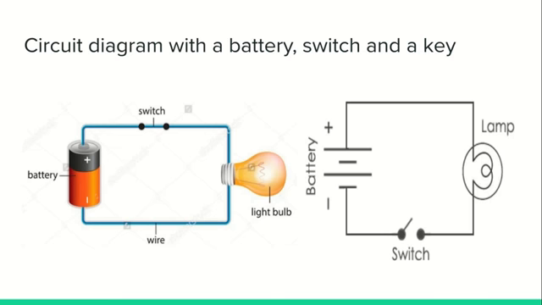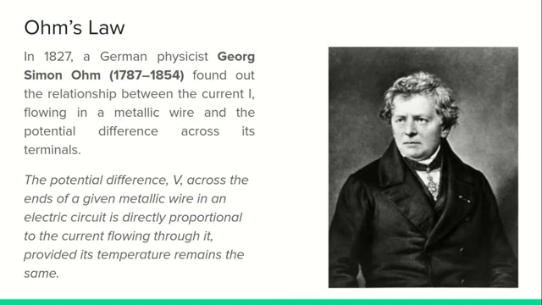You can see a small, simple circuit diagram shown here, where on the left side the battery, switch and bulb are connected using connecting wires, and the same is represented as the circuit diagram with symbols. So the scientist Ohm found the relation between the current I flowing in a metallic wire and the potential difference across its terminals.